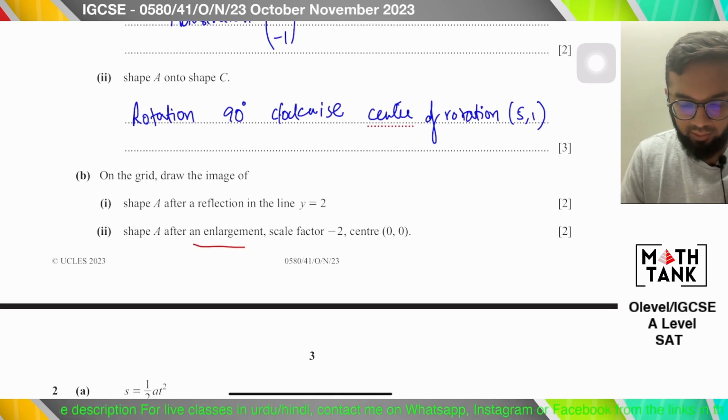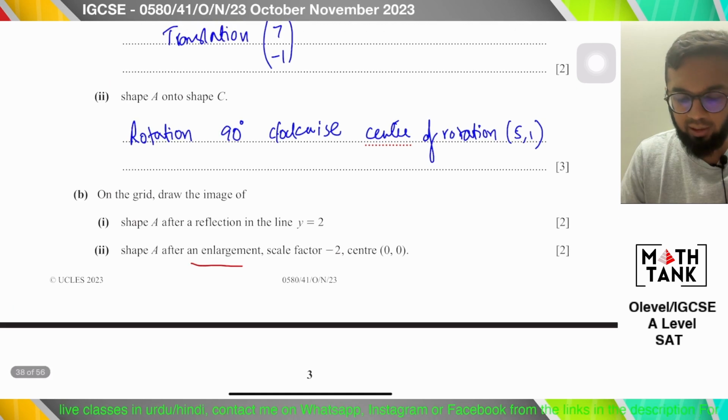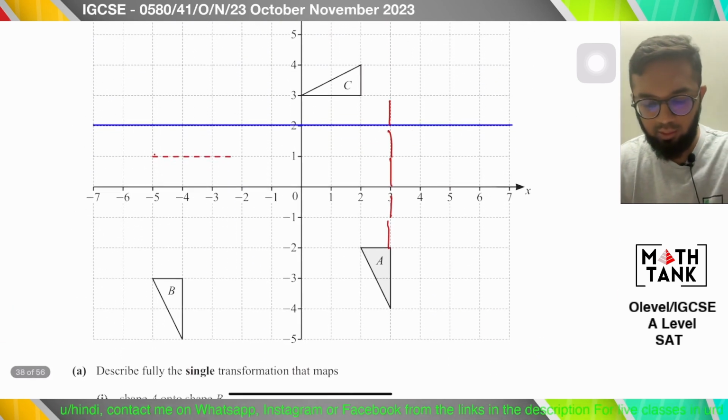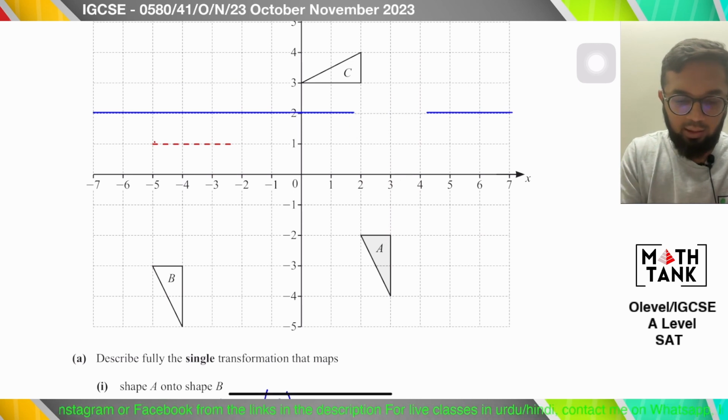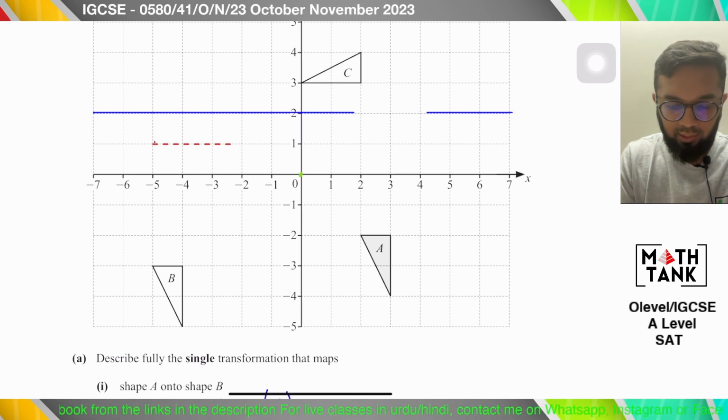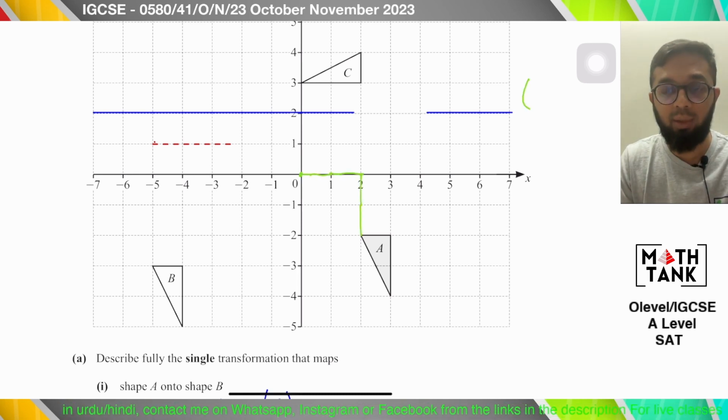Shape A after an enlargement, scale factor -2 with center (0, 0). Okay, so I will now have to do some counting, starting from (0, 0) and counting to A. Whatever vector I get, I am going to multiply that by -2.